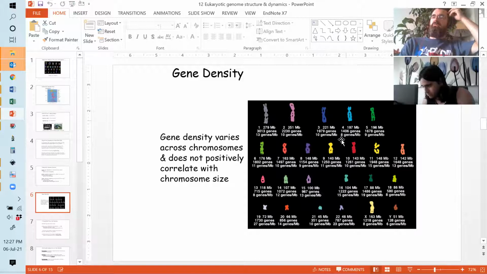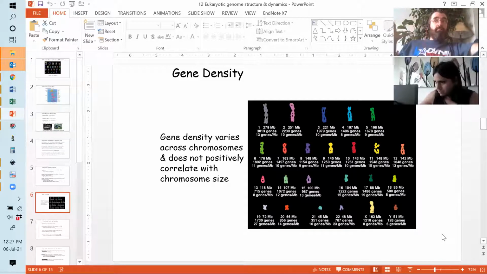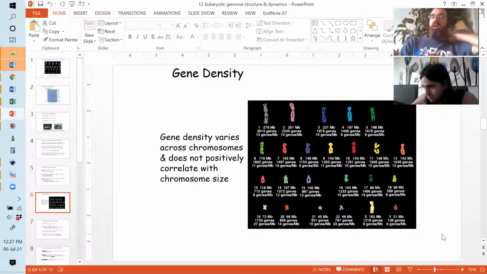Chromosome 4, 5, 18, and so on have less than 10 genes per million base pairs, right? So that's 1 million base pairs, and you'll find a few genes in there.